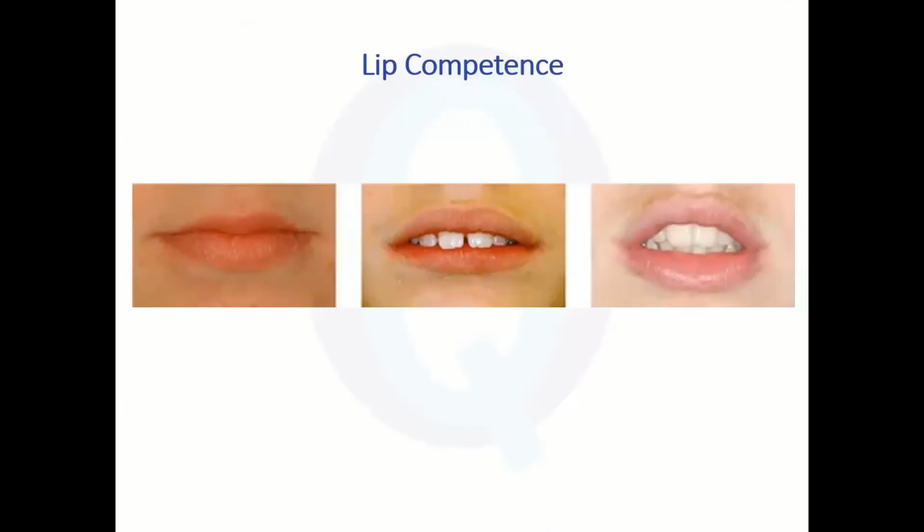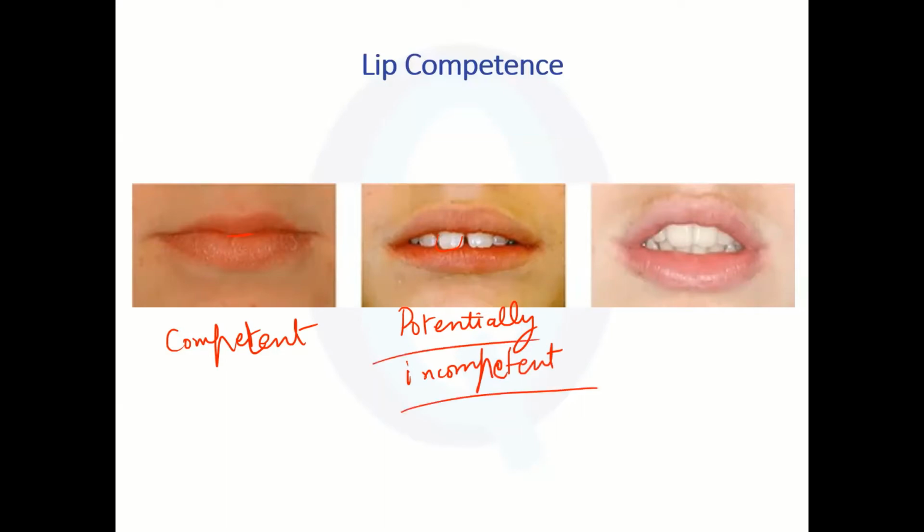Now, lip competence. What is lip competence? Lip competence is the distance between the lips during rest. When they are touching, it is called competent. When they are not touching because of teeth, it is called potentially incompetent. It should be potentially competent, but the scientist who has given this term has given it like this, so you have to remember it like this.